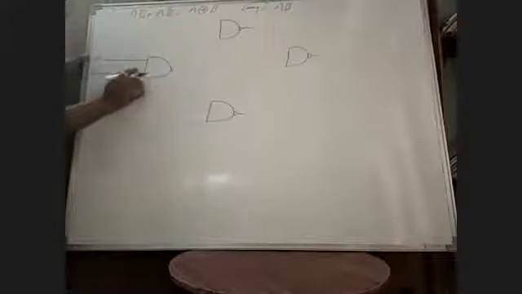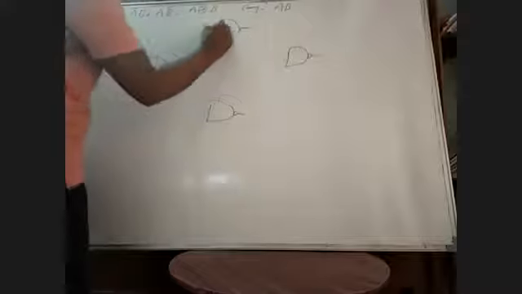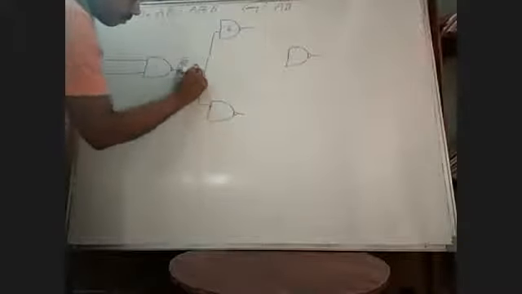Now I am going to connect this. This is my input A and B. The output of the first NAND gate is A into B whole bar. This is given to NAND gate 2, and this output is given as common to both NAND gate 2 and NAND gate 3.